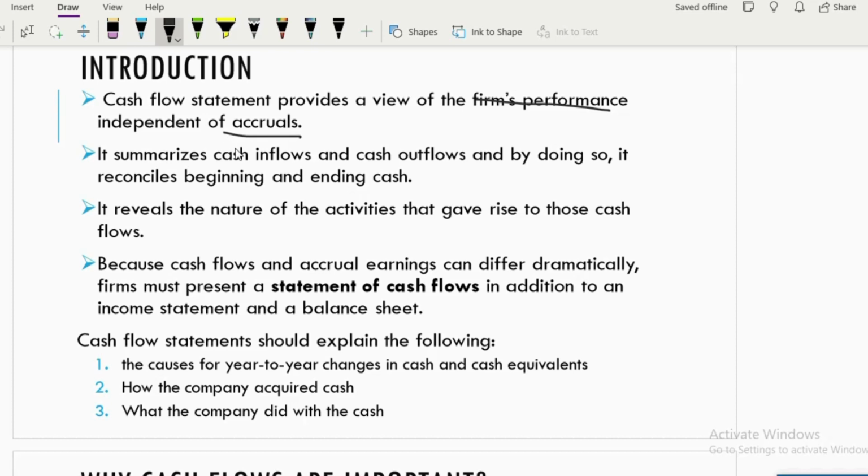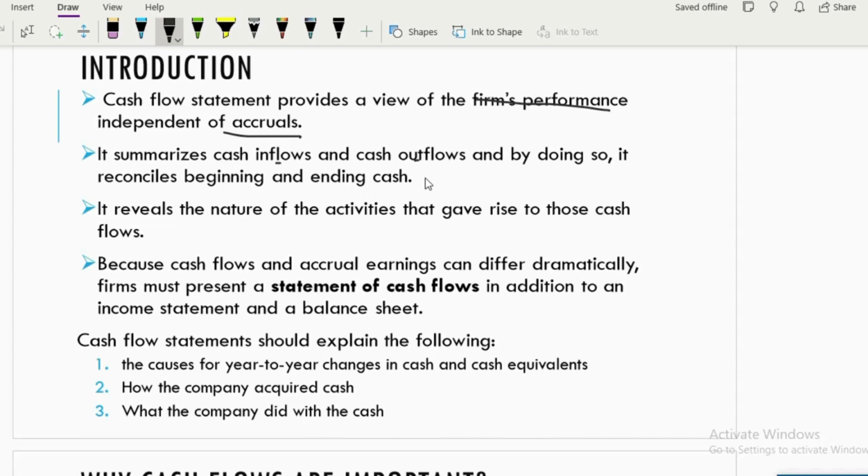It only talks about the performance of the company from the cash perspective, all those transactions which are done based on cash, and how much profit it brought from the operating, investing and financing activities.